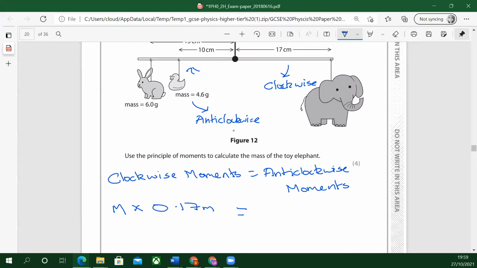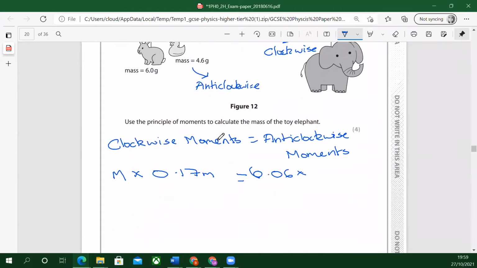We've got grams, so I'm going to put it into kilograms. So 0.06 times, let's put this in a bracket, times 0.15 meters.